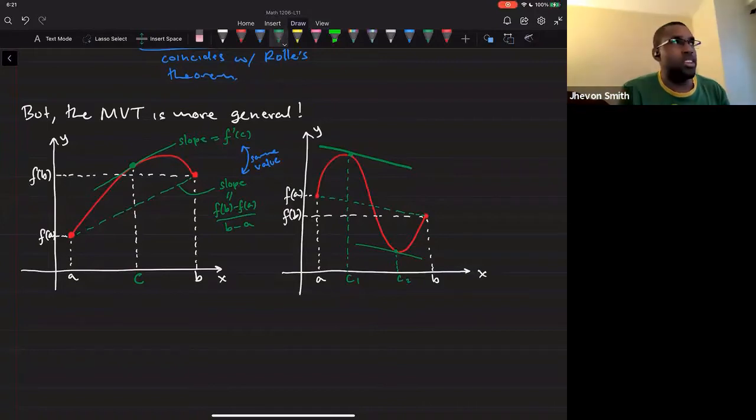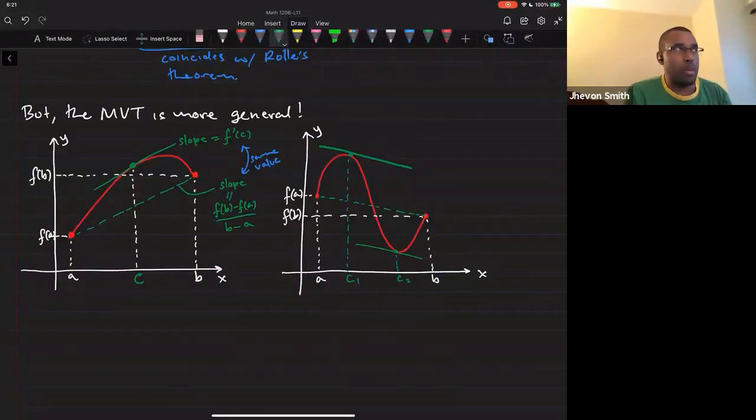So what the mean value theorem says is if on average it took you 1 hour to travel 80 miles, then there must be some point during that trip where you're traveling at exactly 80 miles an hour, right? You have to match the average rate of change.